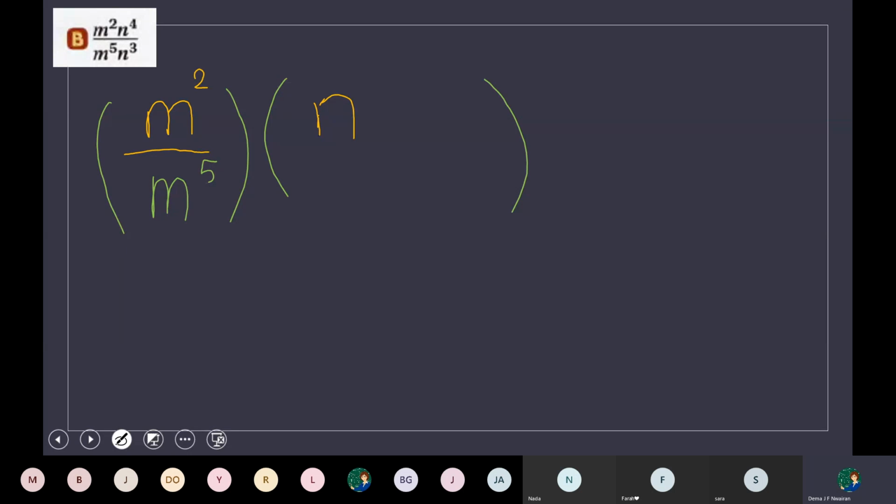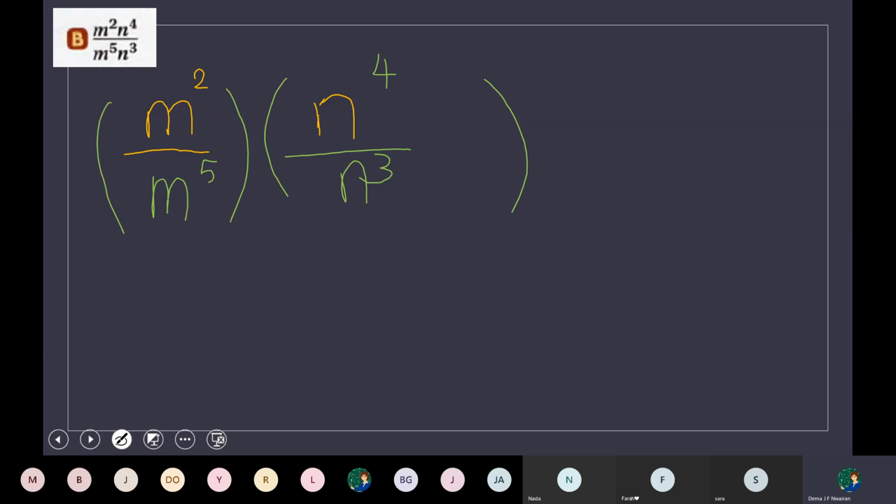We try rewriting it or regrouping it. Here is the same. I will put the same variable in each term. So m squared over m raised to 5, and the second term is n raised to 4 over n raised to 3.